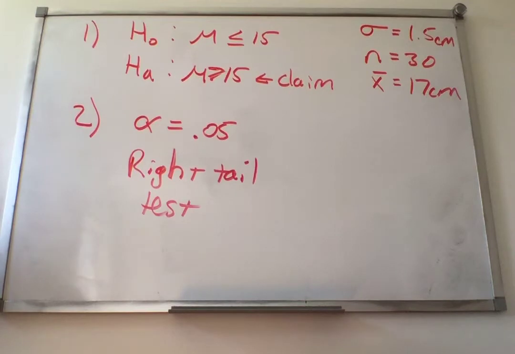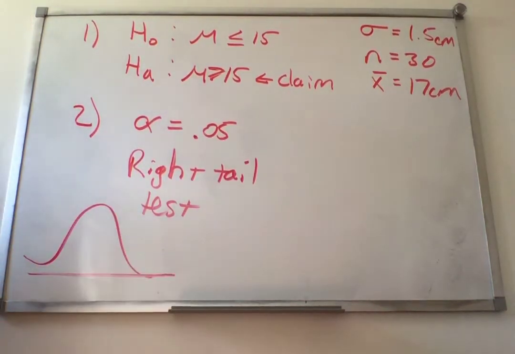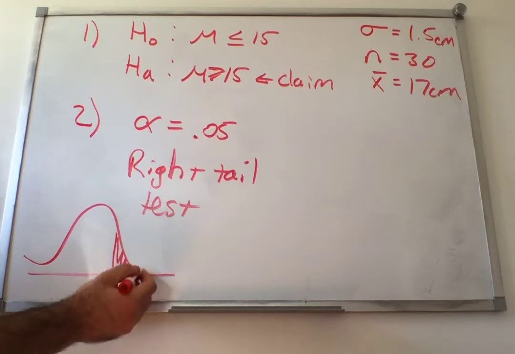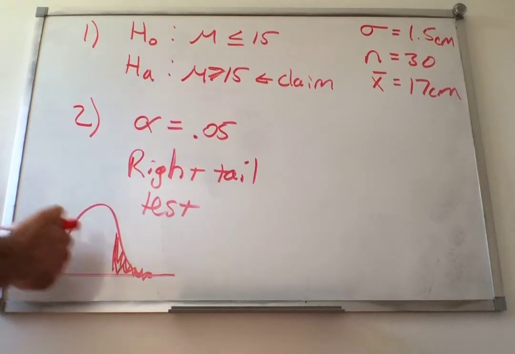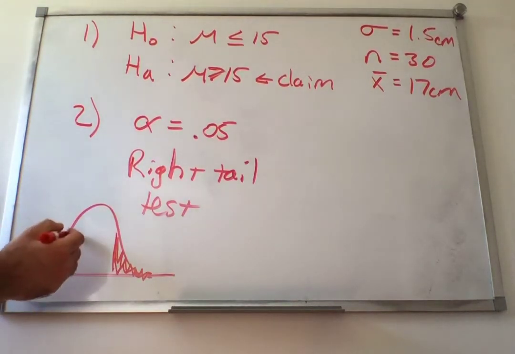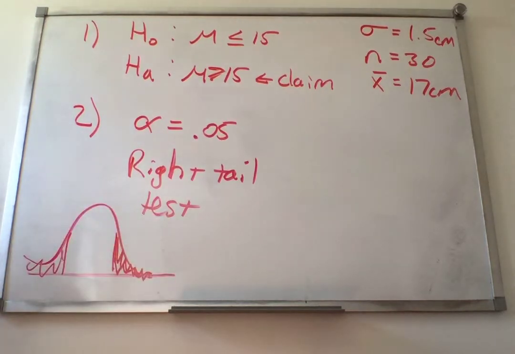All a right-tailed test means, if we have the normal distribution like that, and we're calculating areas, we're calculating the area to the right. A left-tailed test would be, we're calculating the area to the left. A two-tailed test would be, we're calculating both tails of our normal distribution.